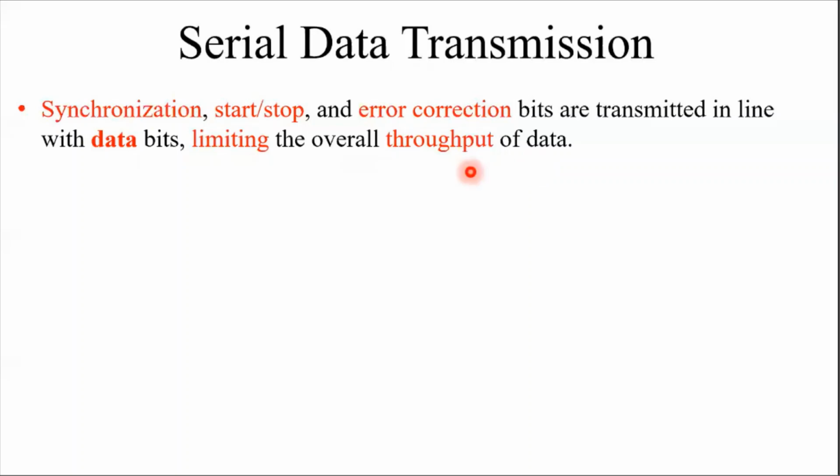When you say throughput, it measures the actual data transfer per second. Because all these bits are transmitted together, it slows down the speed of the transmission. That is the disadvantage in serial data transmission.